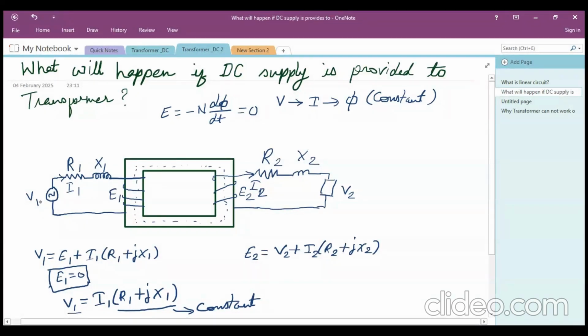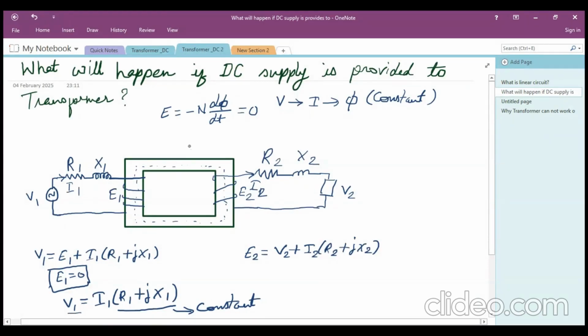When we provide the voltage V1, then current starts to flow, and if the supply is of DC nature, then this will produce a constant current in the primary winding. This constant current will induce a constant flux in the core of the transformer.